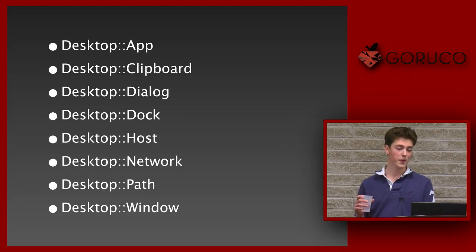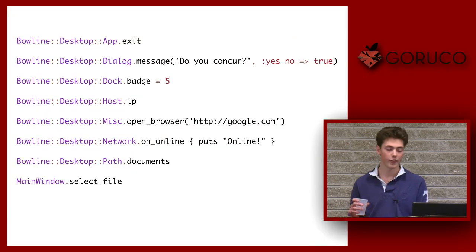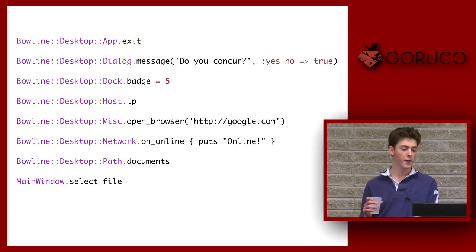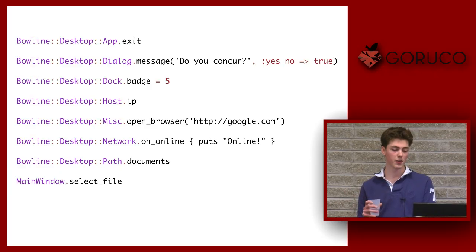You've got this app, clipboard, you can read and write to the clipboard, put up dialog boxes, and you can get the local IP information from the host. Here are some examples of this API. Exit the app, put up a dialog message. You can set the little star on the dock, like the new mail star. Open the default browser with a URL.